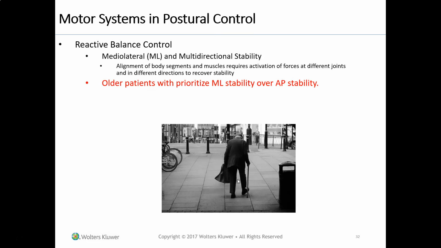They add a cane. So if you have a patient that has good forward and backward stability, but they have poor side-to-side stability, give them a single point cane, and that will provide that. You'll see patients that will walk with a wider base of support. They'll kind of waddle, and that's because they're trying to provide medial lateral stability over anterior posterior stability. So they feel that that's safer when they walk.